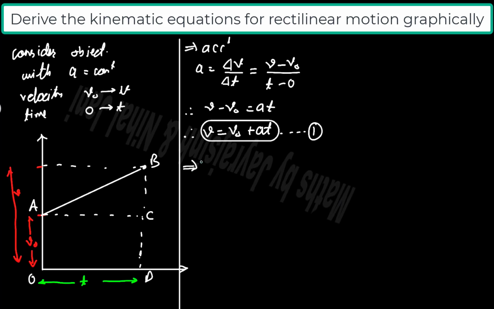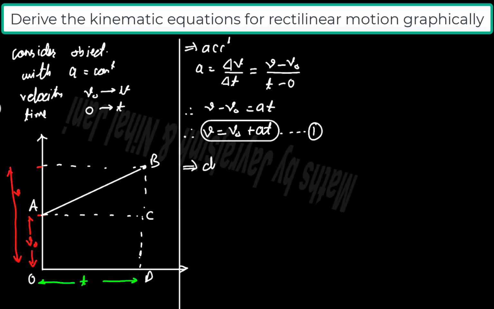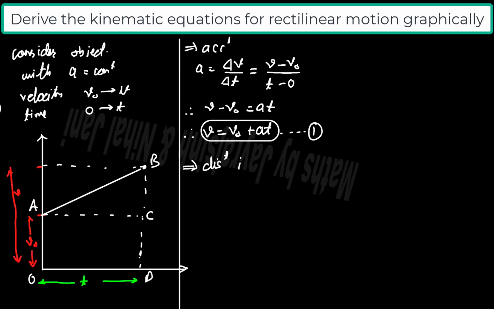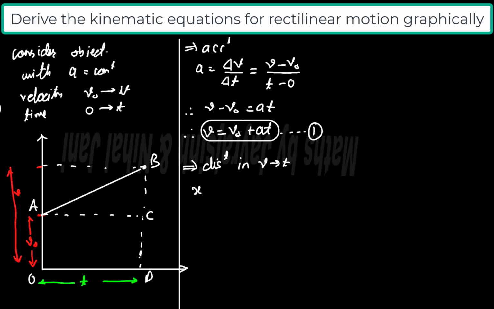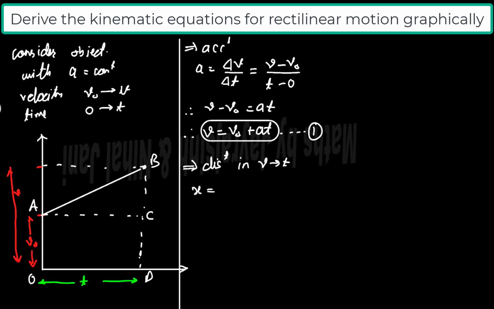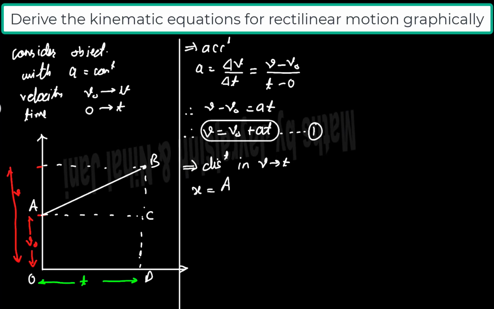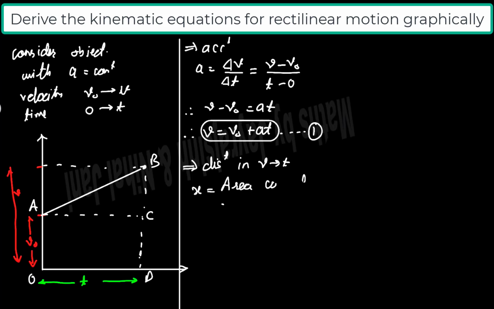Now for the second equation of motion, we will use displacement in the graph v versus t. We know that the total distance covered in time t is the area covered by the graph.